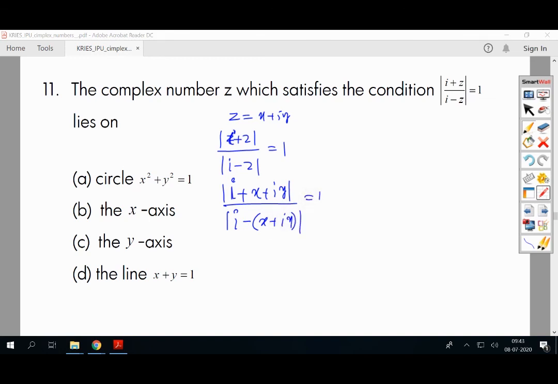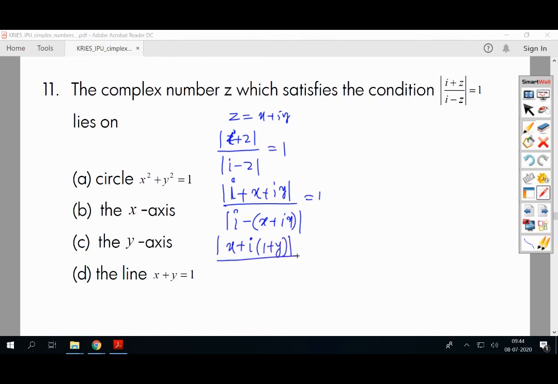So I will separate this and write. ನೋಡಿ ಈಗ if you write this one, ಇದು ಹೀಗೆ ಬರುತ್ತೆ, modulus of x plus I common factor ತಕೊಂಡಾಗ 1 plus y ಬರುತ್ತೆ divided by modulus of minus x plus I into 1 minus y ಬರುತ್ತೆ, right? This is equal to 1.